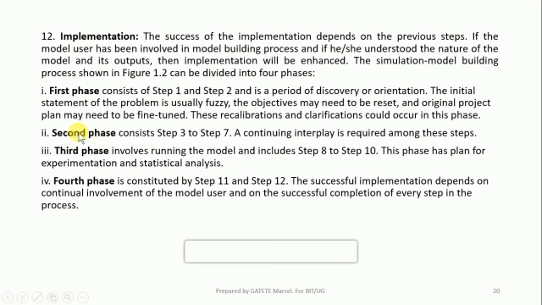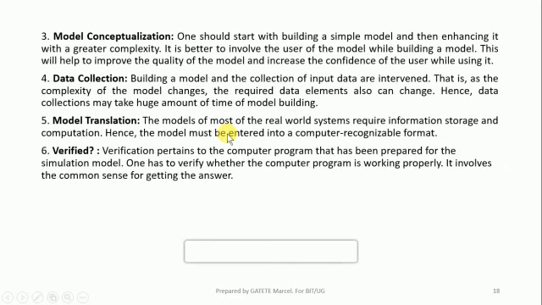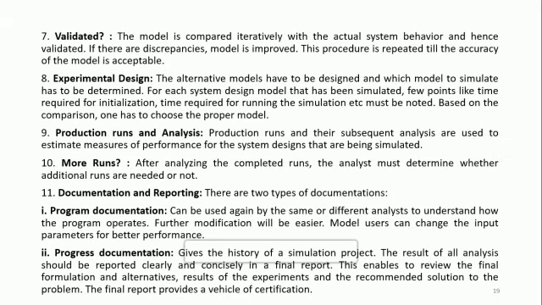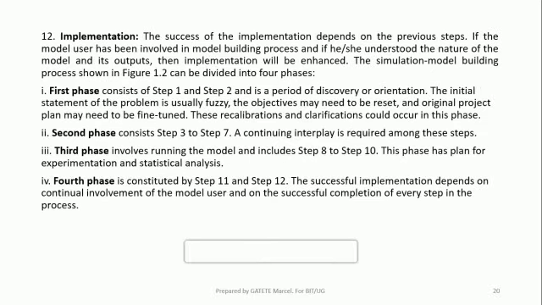The second phase consists of steps 3 to 7, from model conceptualization to checking the validation of your model. Here, a continuing interplay is required among the steps. It means that you can go from step 3 to step 4.